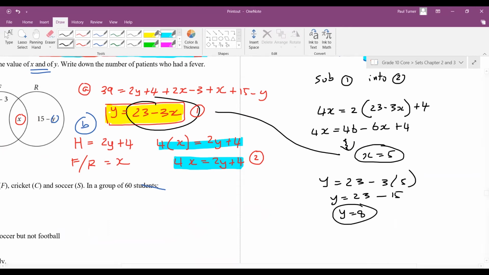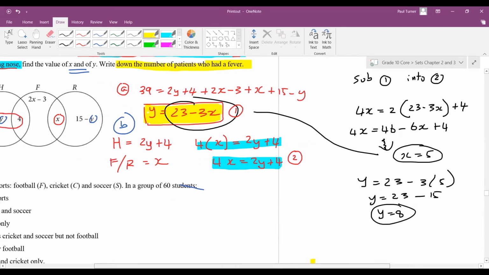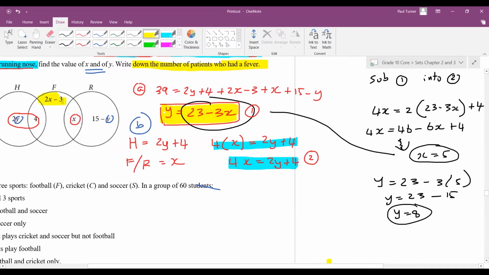And here it says, write down the number of patients who had a fever. So for fever is this one here. So for fever, we need to know the x value, right? We need to know x.